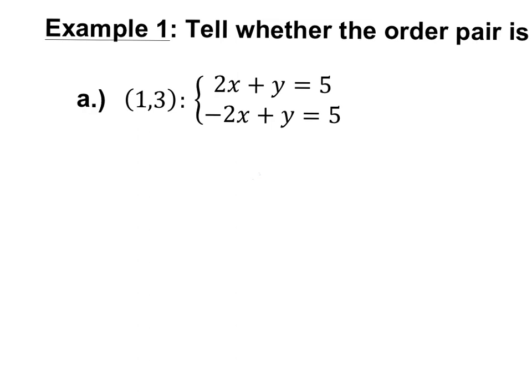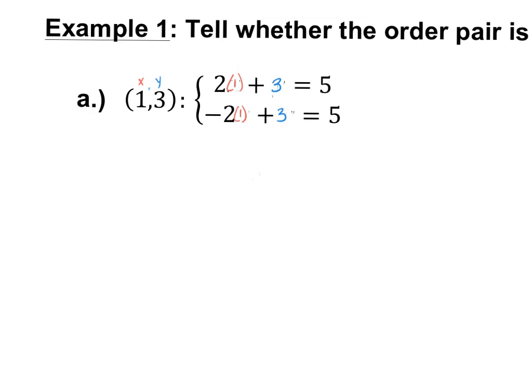So the first thing that I'm going to do here is I'm going to take away my x and my y, just coloring this in with white so that you can see the x is supposed to be the 1, so I'm replacing all of the x's with 1, and the y's are the 3 because every ordered pair goes x, y. So where there is a y, I'm putting the 3. And then I'm just going to calculate this.